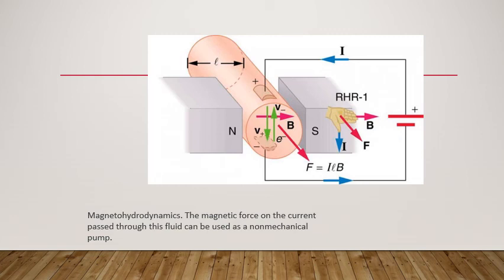We are placing a wire in the magnetic field, and I is in a perpendicular direction, magnetic field is in the other direction, so it will move the fluid through this pump. This is an application part of this.